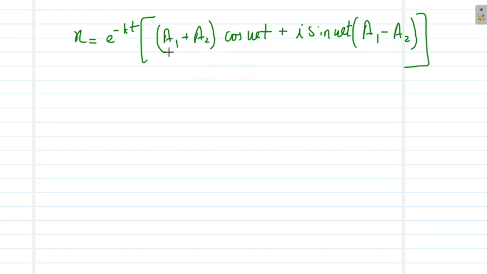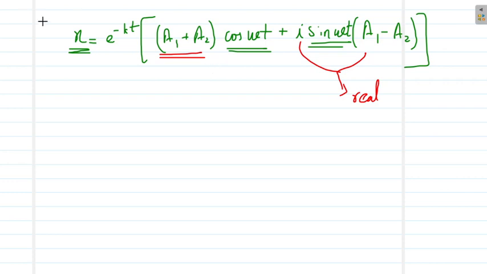Now here, this A1 plus A2 and i into (A1 minus A2) have to be real numbers for this x to be real, because this is a real number and here we have a real number. Therefore, A1 plus A2 and i into (A1 minus A2) have to be real numbers. But A1 and A2 are complex numbers.